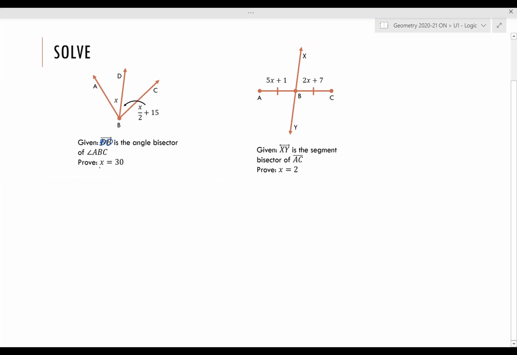Can we set up an equation to prove that x equals 30? Let's try it. Let me start with just what does it mean? We have an angle bisector, which tells us that the measure of angle ABD is equal to the measure of angle DBC.